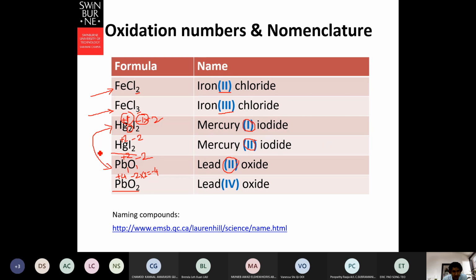So lead is carrying 4 positive charge, whereas oxygen is carrying 2 negative each. That is why it is lead 4 oxide, right? So these two will be different in their reaction and of course in their physical appearance because of this oxidation state.